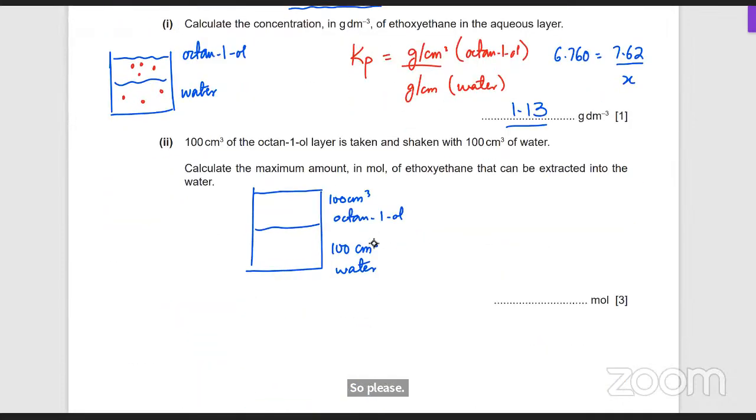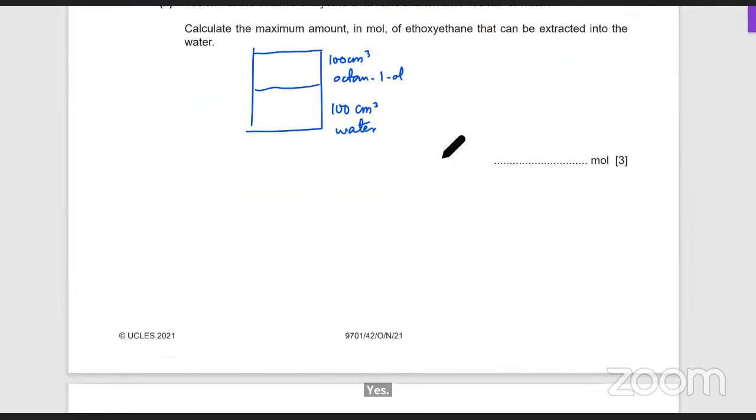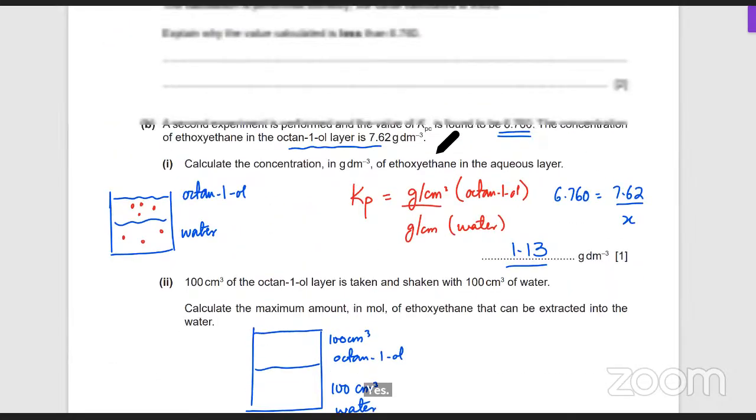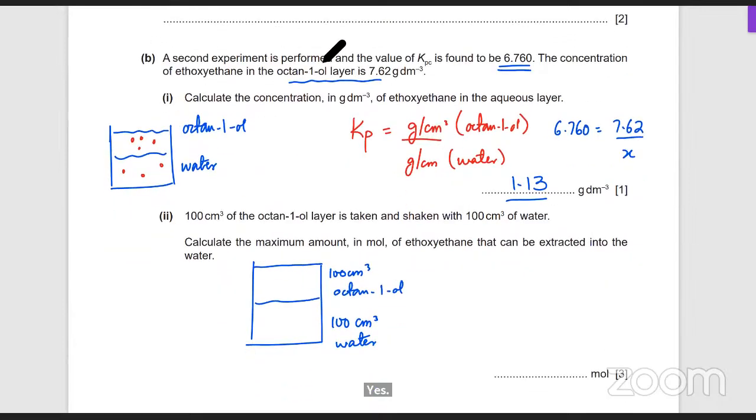अच्छा 100 cm cube octane 1-ol layer and 100 cm cube water. I'm assuming the octane 1-ol layer is at the moment 7.62 gram per dm cube. So 100 cm cube में क्या होगा?